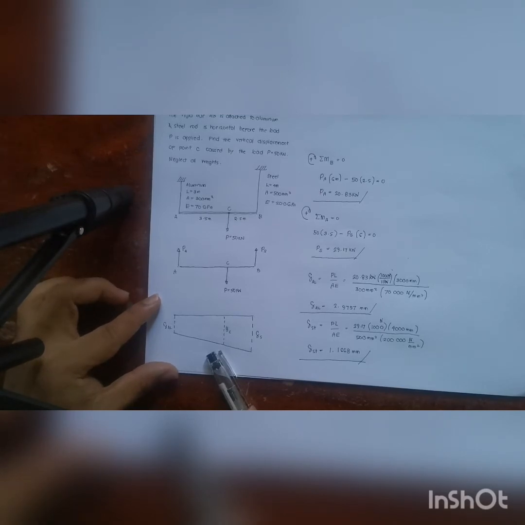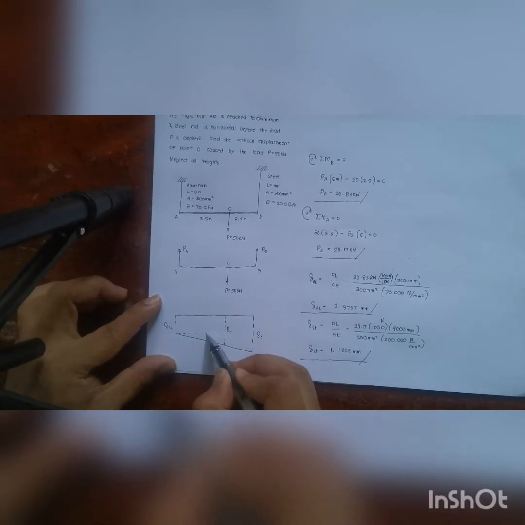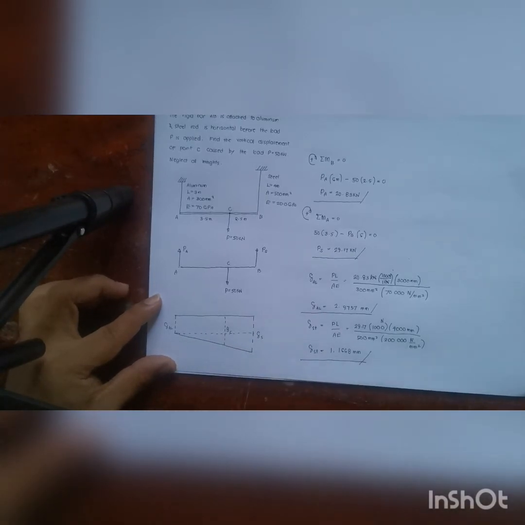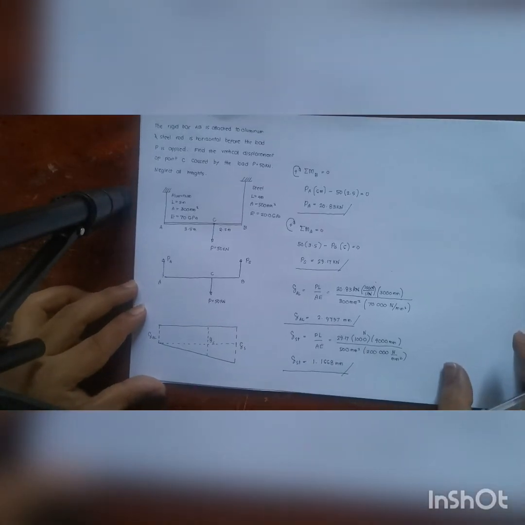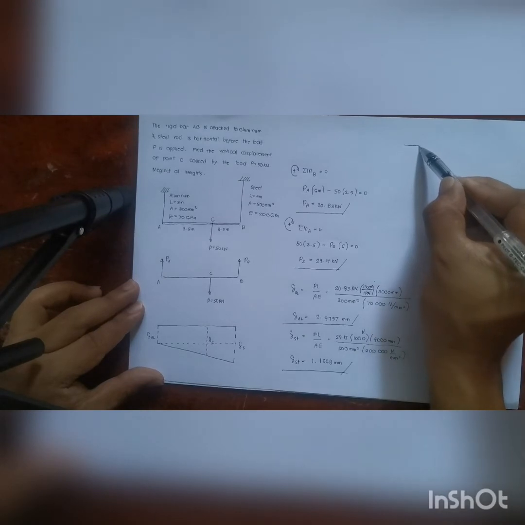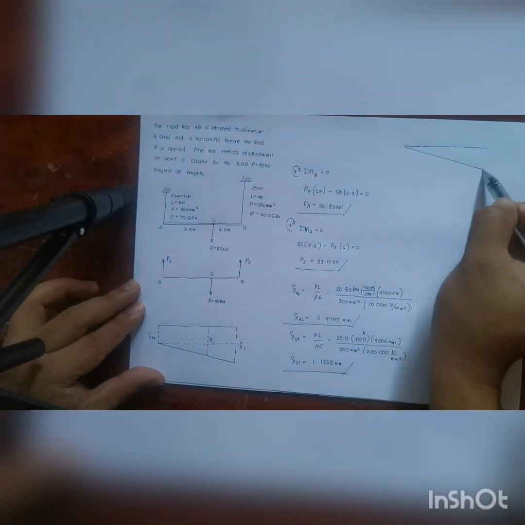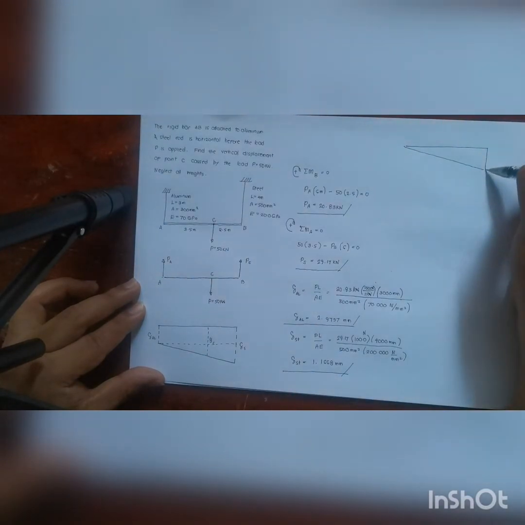Pag sinabing ratio and proportion, dapat meron tayong similar triangles. Nasaan yung similar triangles natin dyan? Nandito po yan. Yan po. So, hiwalay po natin yung ating triangles para mas ma-analyze natin mabuti. Ito na po yung triangles natin.